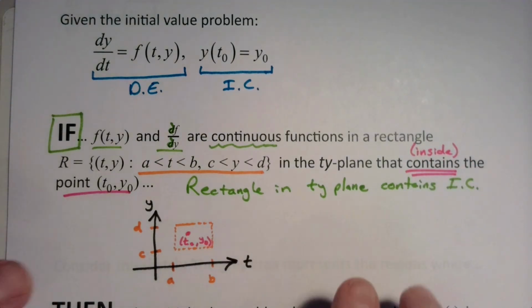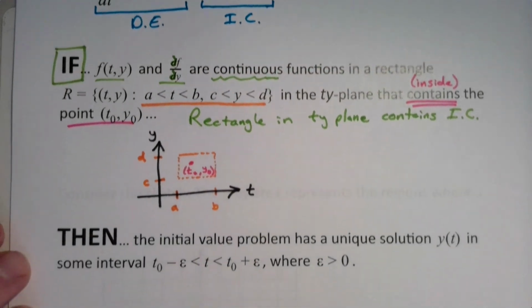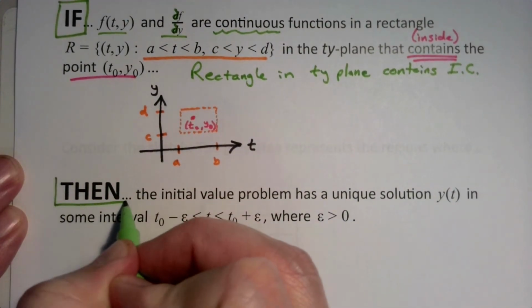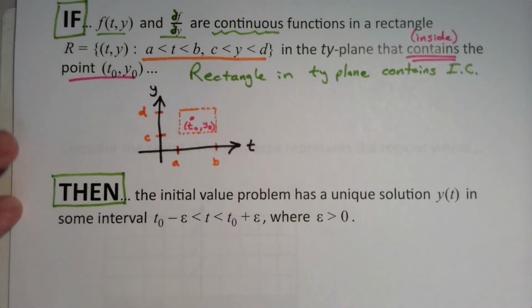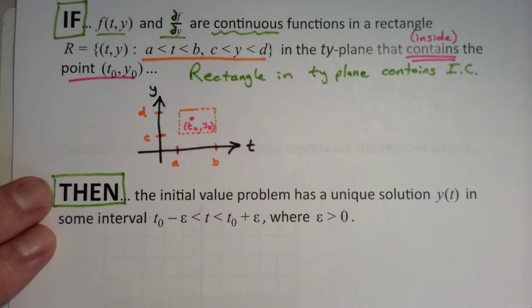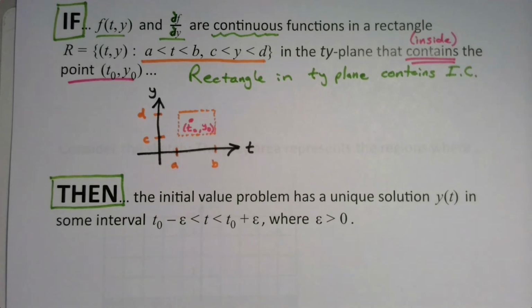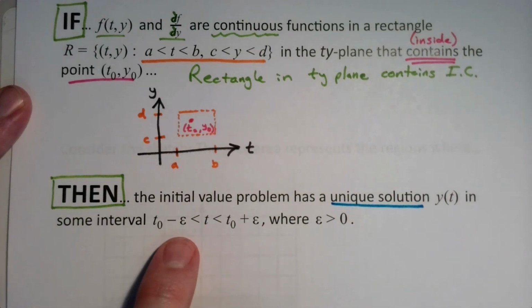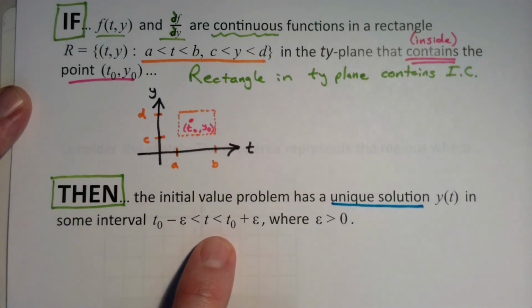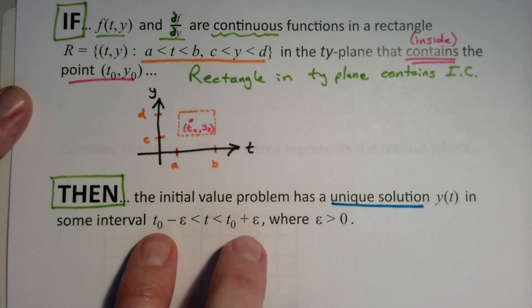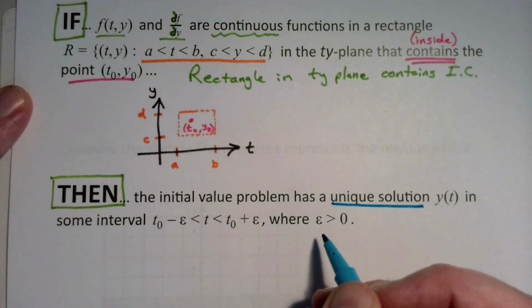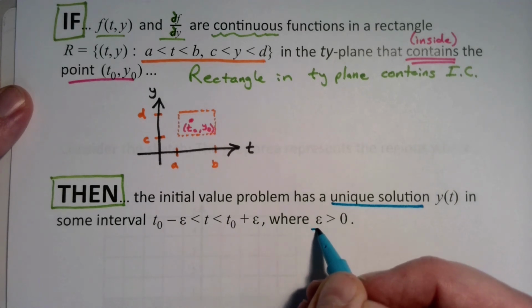So if all of this is true, then, and mathematical theorems always start with an if and then conclude with a then. So if all of this is true, then the initial value problem has a unique solution. So this is our guarantee, has a unique solution in some interval around t, right? Where t is right around our initial condition. This symbol right here is called epsilon, and so epsilon is greater than 0.